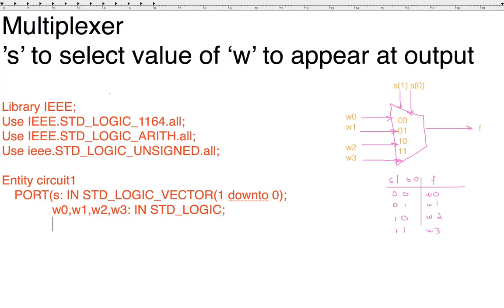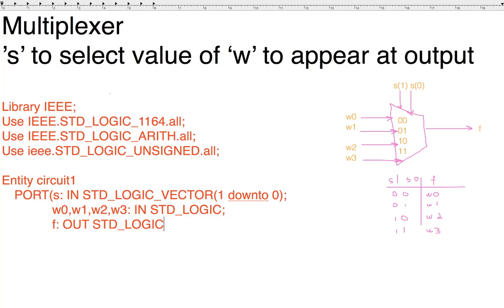Then my output, the last thing, F, is going to be my output, and that is a standard logic. Would you say that's a standard logic vector like S1 and S0? No, it's only standard logic because it's only going to take the value of W0, W1, W2, or W3, so that's just 1 bit.